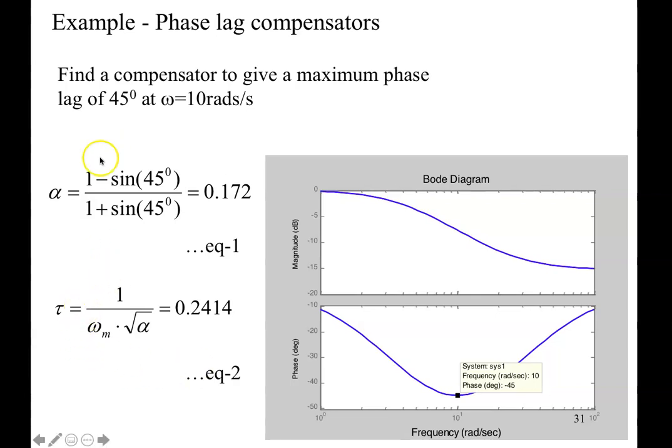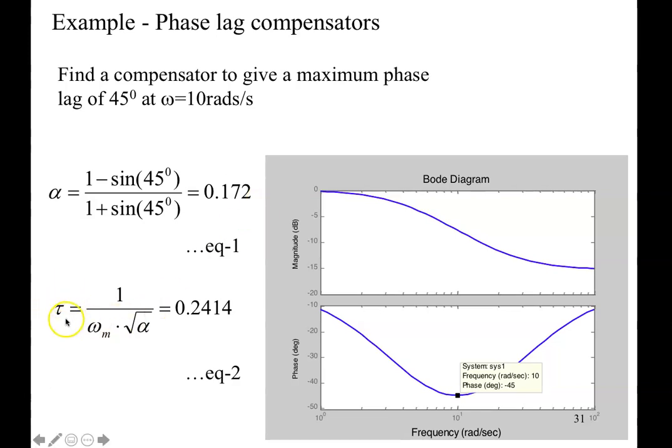Alpha equals 1 minus sine 45 over 1 plus sine 45. That will give you a value of 0.172. Of course, that's less than 1, which confirms what I said earlier.